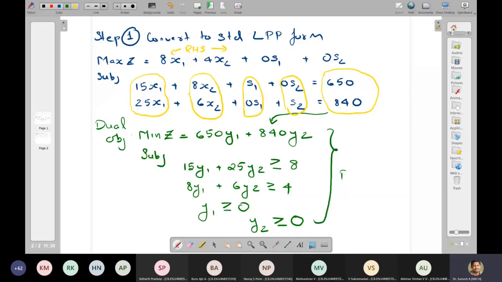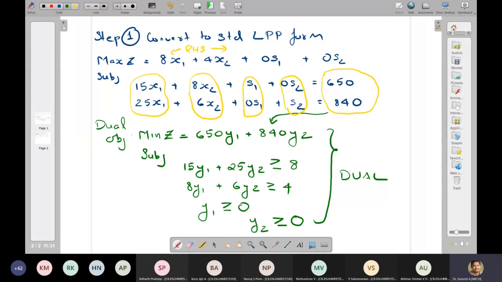So first I have converted the primal problem into the standard LPP form. From the standard LPP form, you can see the RHS of my constraints forms my dual objective. How many constraints I have, that many variables will be there in my dual problem.